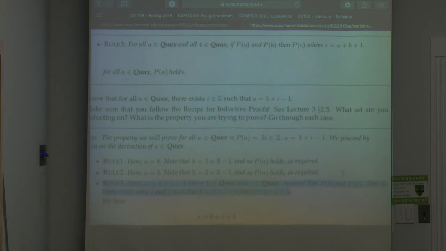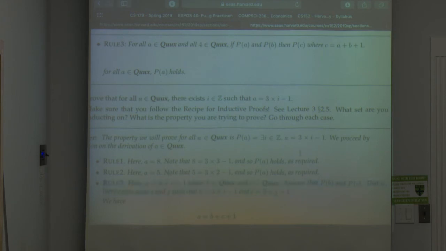So here we have our equation from rule 3, which is c is equal to a plus b plus 1, or here as it's written, you can change the variables if you wish, A is equal to b plus c plus 1, where we say that b and c are members of the set Qs.